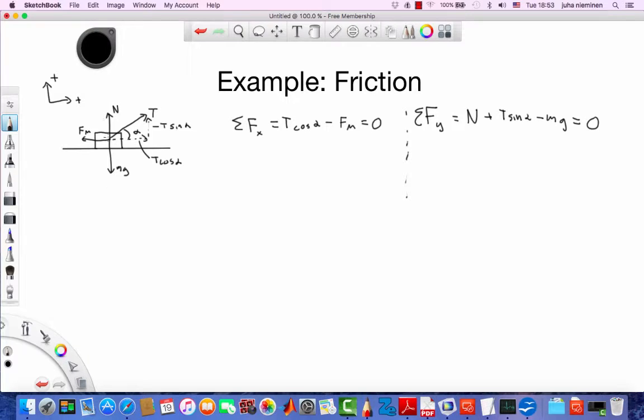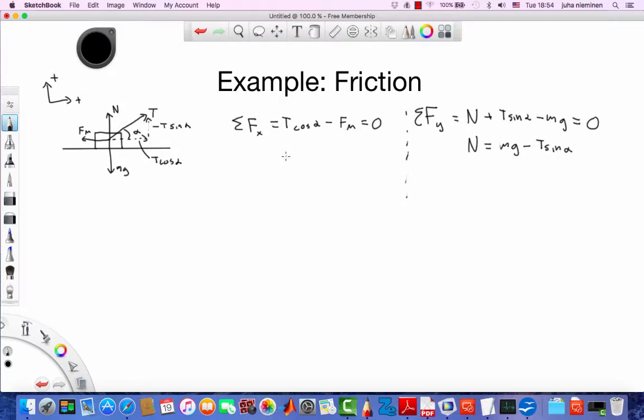It's not accelerating in the vertical direction. And we'll solve N from this equation, the amount of normal force from the surface. So that's going to be just mg minus T sine alpha.